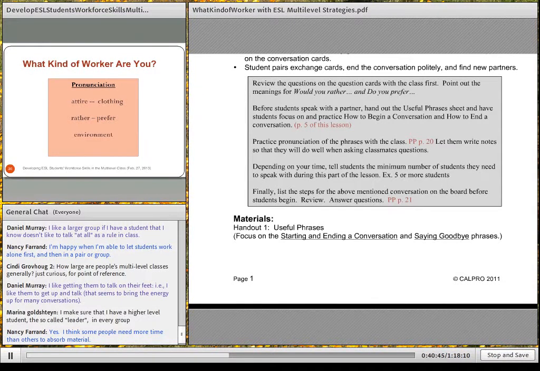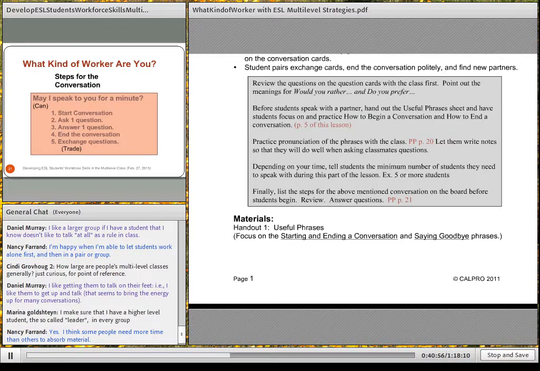Okay, and finally, list the steps for the above-mentioned conversation on the board before students begin. Of course, they immediately said to me, now what do we do? So on the board, if you look on the left there, steps for the conversation. I just put an example, may I speak with you for a minute? And somebody said, can I speak to you for a minute? And so I put that up there. Of course you can. Number 1, and this is big on the board so everybody can see it.